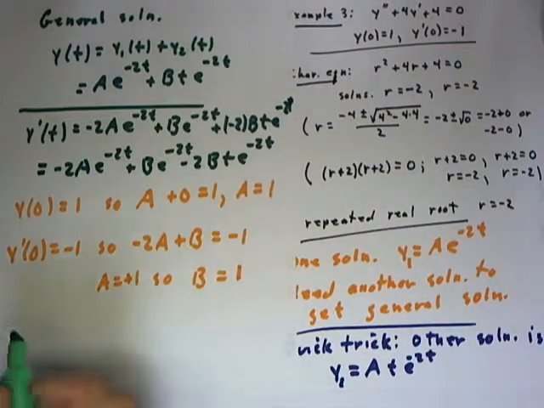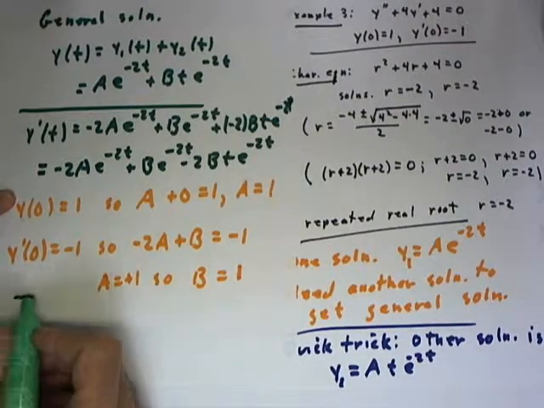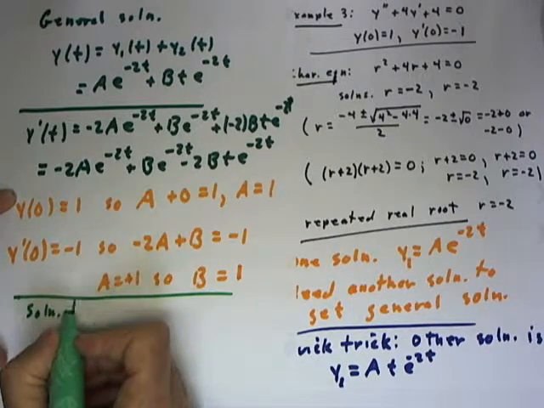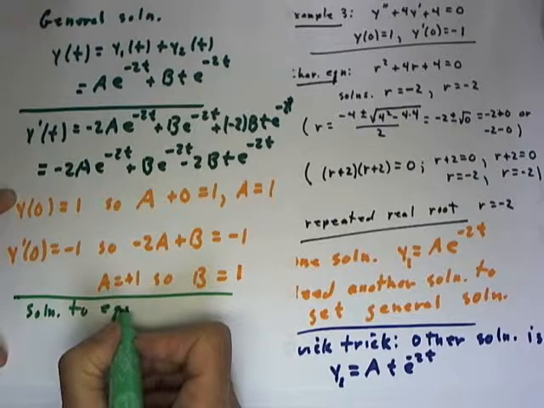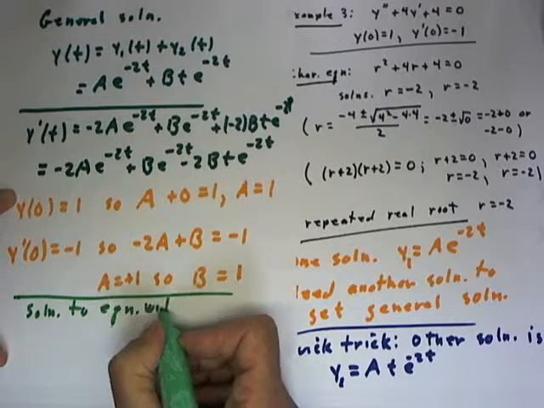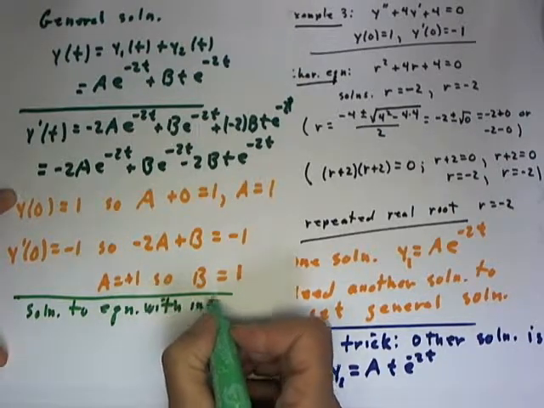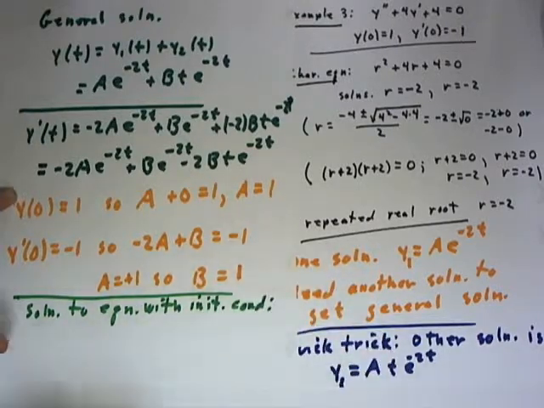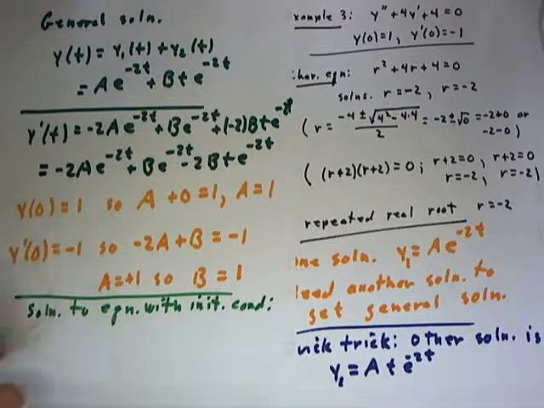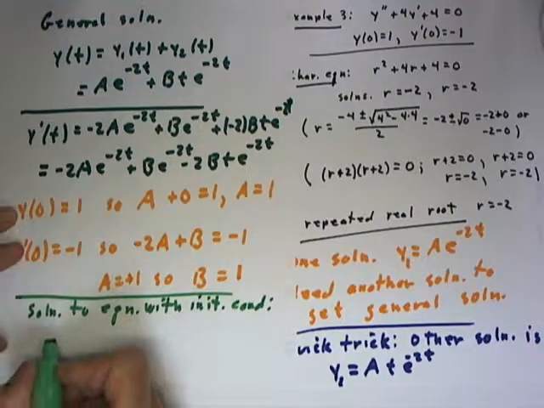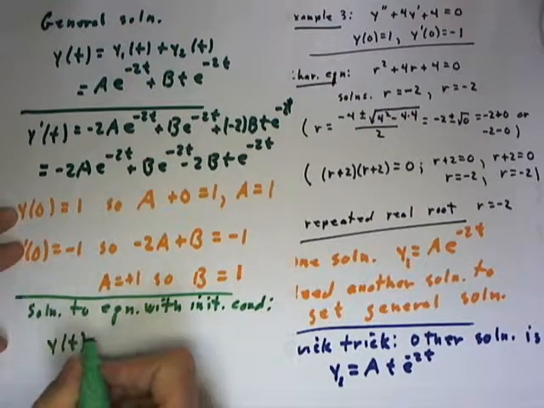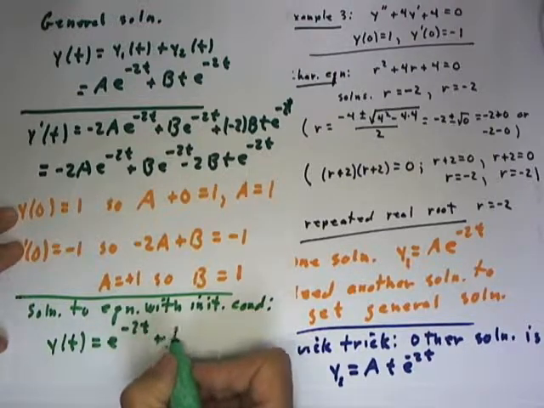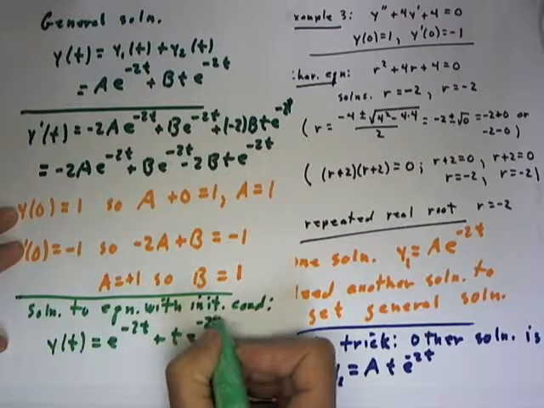So that our solution to the equation with the initial conditions is what we get if a equals 1 and b equals 1, and that's simply y of t equals e to the negative 2t plus t e to the negative 2t.